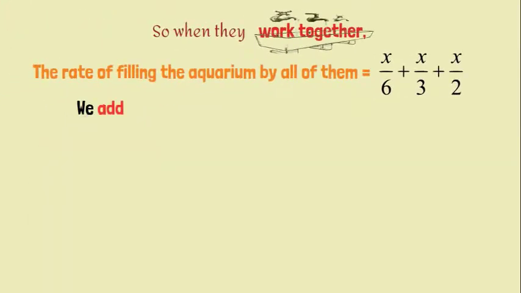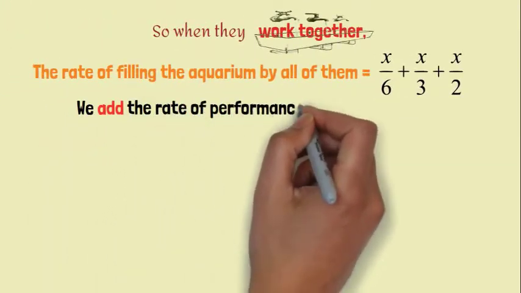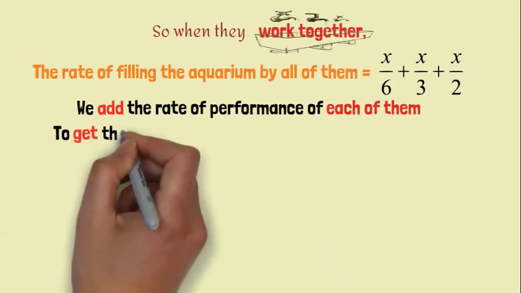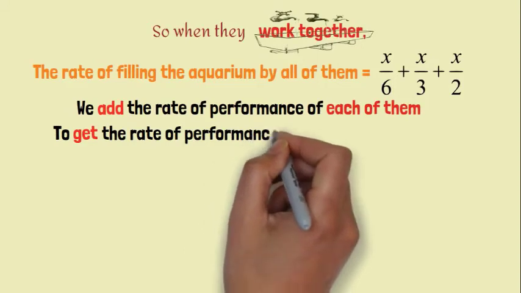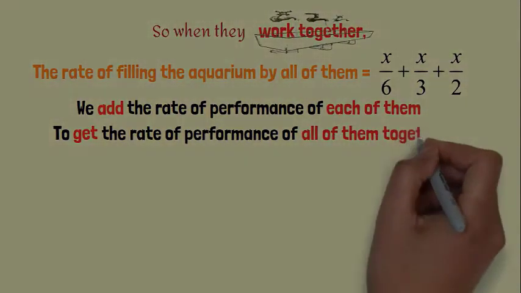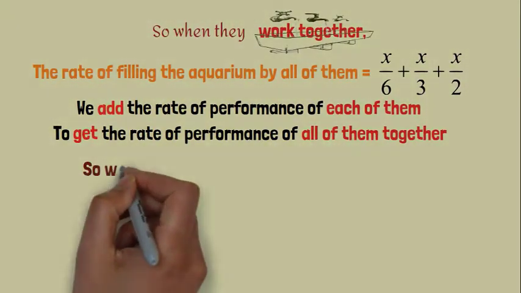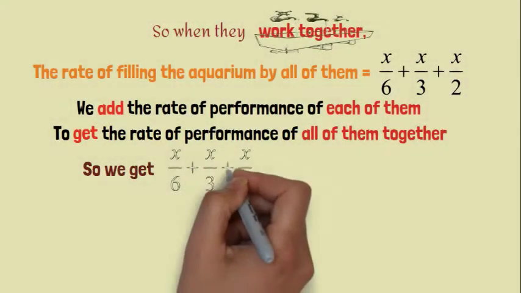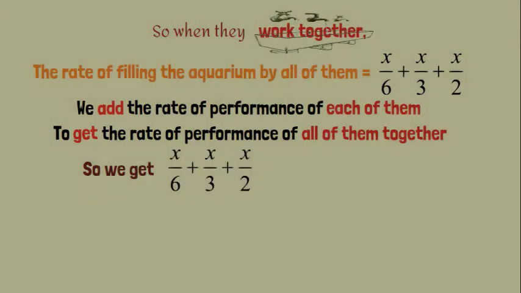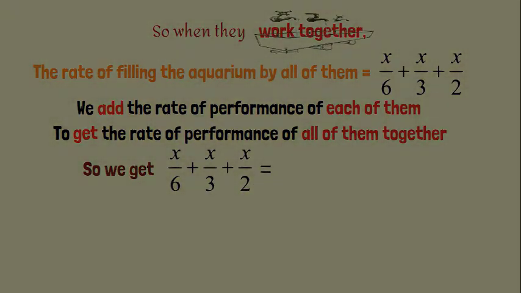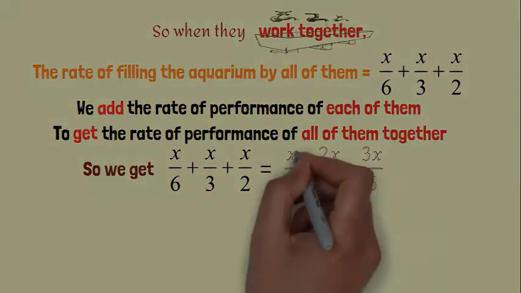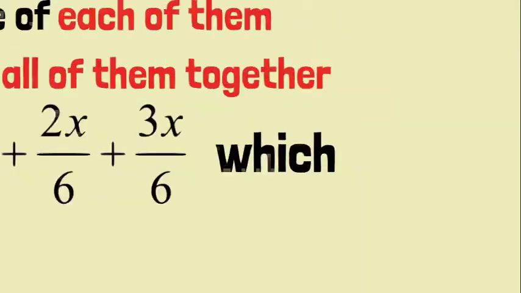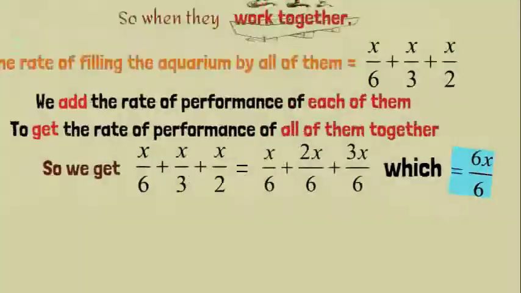We add the rate of performance of each of them to get the rate of performance of all of them together. So we get x over 6 plus x over 3 plus x over 2, which equals x over 6 plus 2x over 6 plus 3x over 6, which equals 6x over 6.